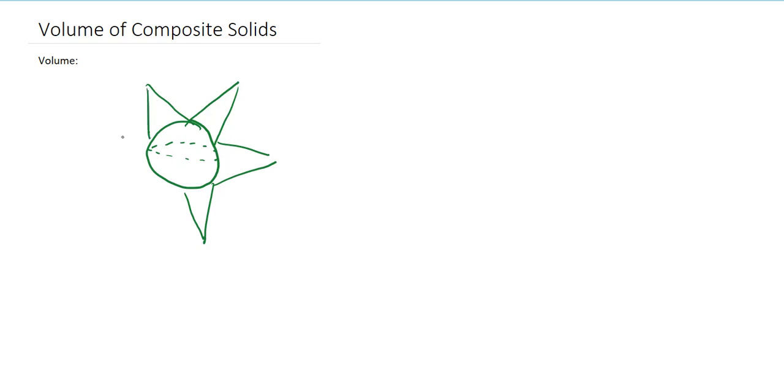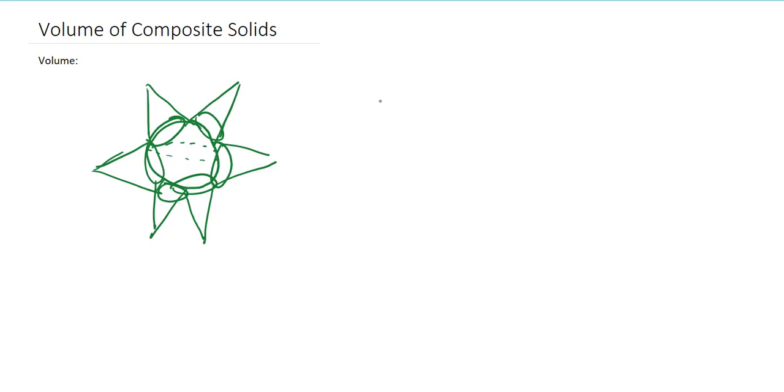Or you can think of this. It's the worst drawing, but I think you understand the idea: there's going to be multiple solids. All we have to do is take the volume of each solid, and then add up all the volumes to find the total volume.